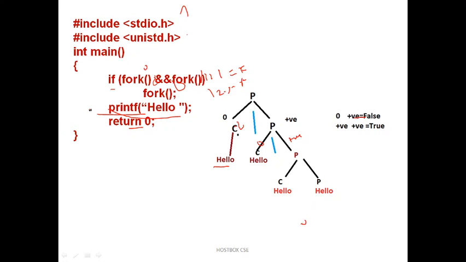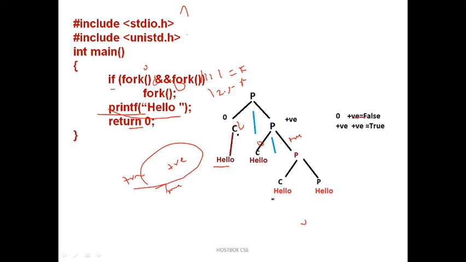What happened here is that the fork will return the positive value and again another fork will return the positive value. At last it became true. So the child creates one hello and the parent gets another hello.